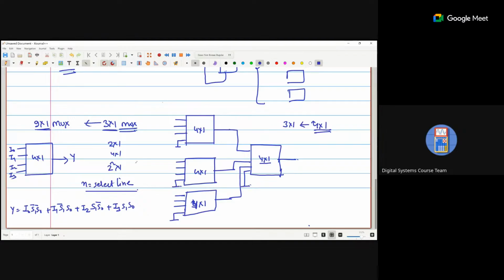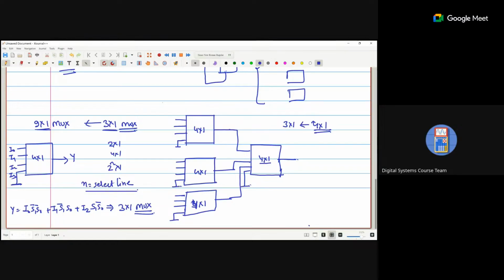Now if I3 is grounded, that means I3 is 0, so this term is 0. Even if you choose S1 and S0 both as 1, because of I3, this term is 0. So this is your equation, and that particular equation is basically similar to the 3 cross 1 mux.